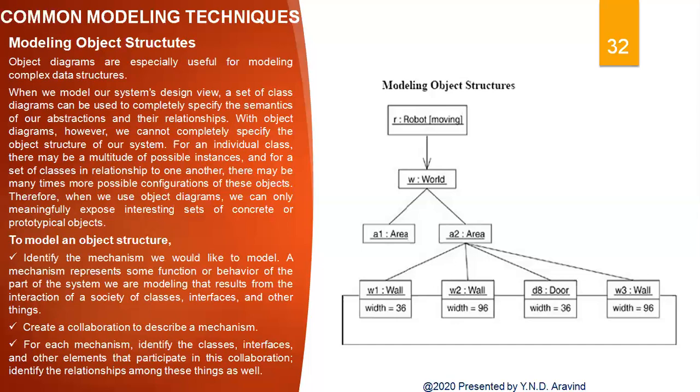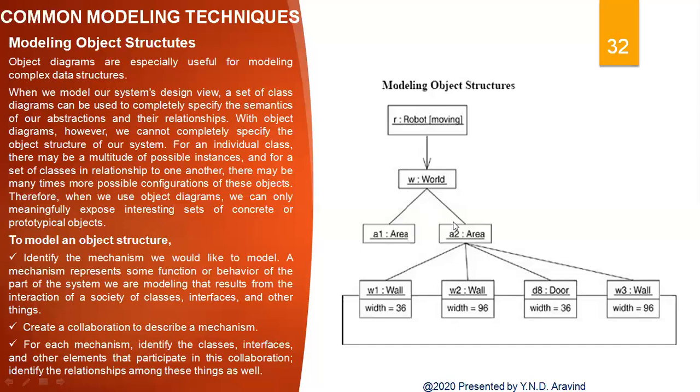As this figure indicates, there is one object which represents the robot itself, where R is an instance of the robot and R is currently in the state marked moving. This object has a link to W, an instance of the world, which represents an abstraction of the robot's world model. At this moment in time, W is linked with two instances of area.